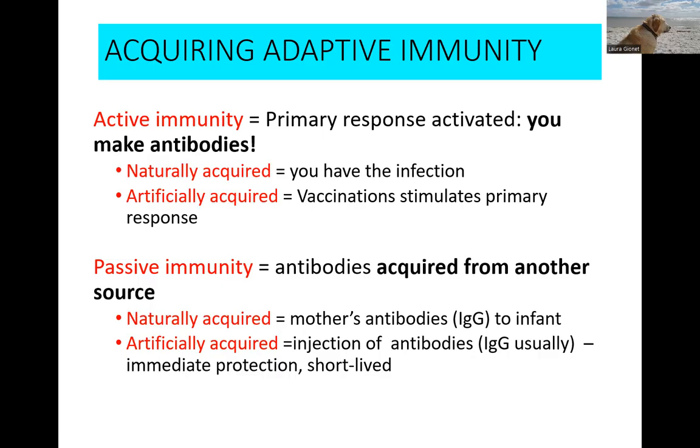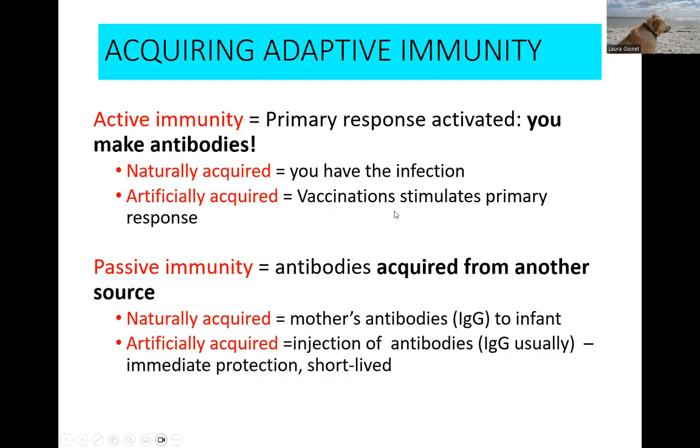But in the process, I will hopefully have these memory cells. So the way I developed my immunity, which not only helped me in the first exposure but is going to help me in the second exposure, is that I actually got a little sick somehow, and then I made my antibodies. Right. Artificially acquired active, artificially stimulating my body to make antibodies, is how these vaccines work.